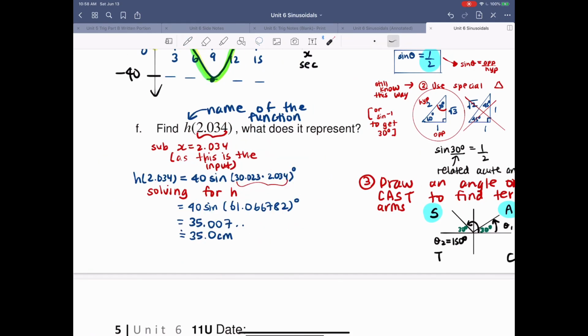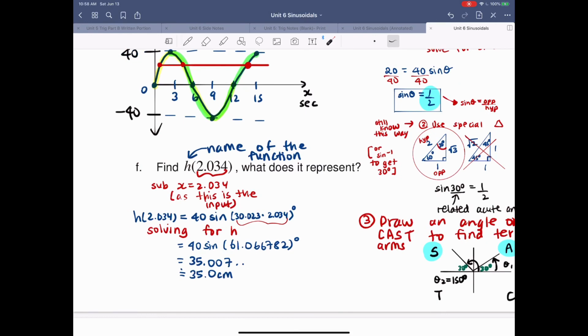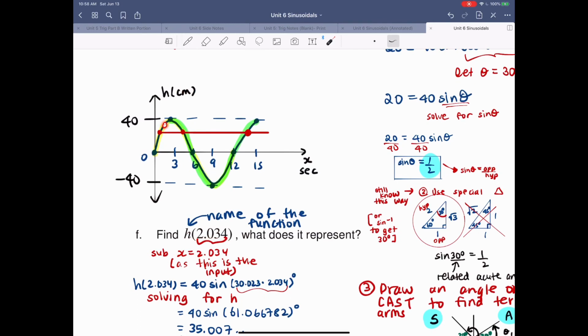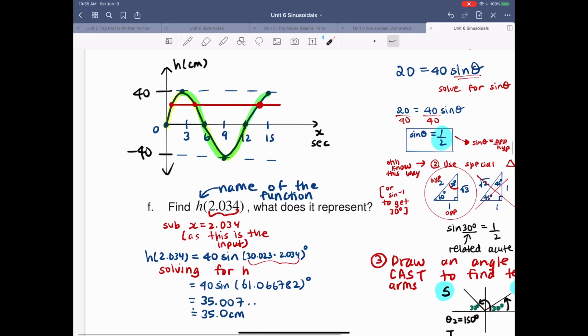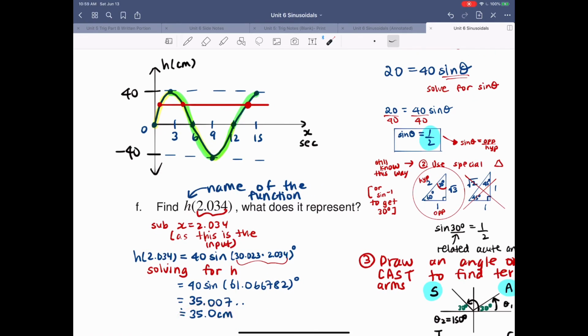So what does that represent? It means that time is 2.034 seconds. So you're trying to figure out what the position of the CN tower is at 2.034 seconds, which is approximately here. And looking at the graph visually, we would have anticipated a value a little less than 40, and we do get, in fact, about 35 centimeters.